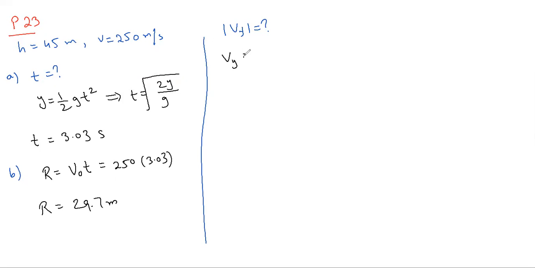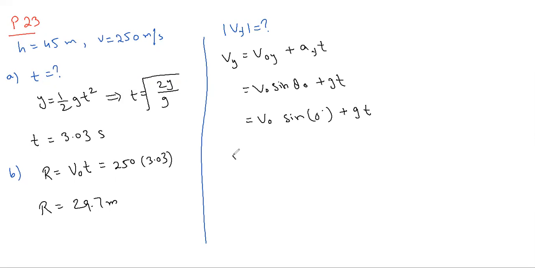So Vy equals V naught y plus a y t, so this is V naught sine theta naught plus g t. The angle theta will be zero as the bullet was fired horizontally, so this will just be 0 degree, and this will just be equal to g t.